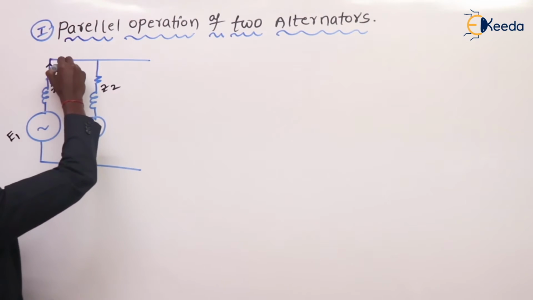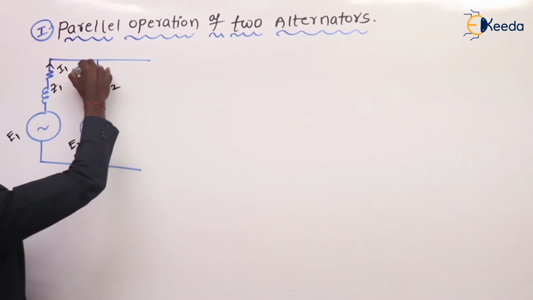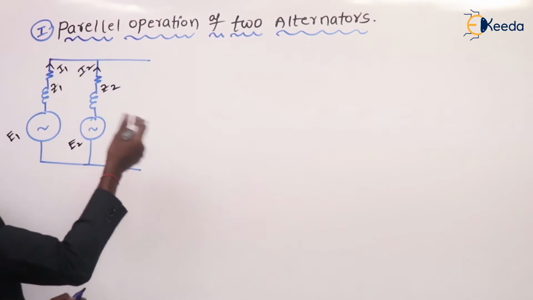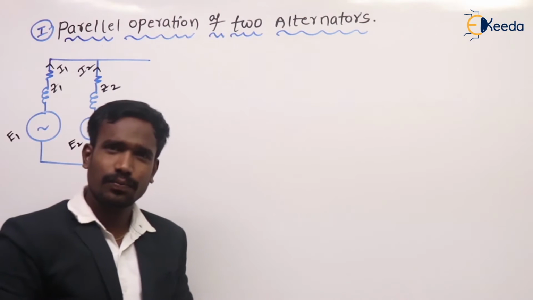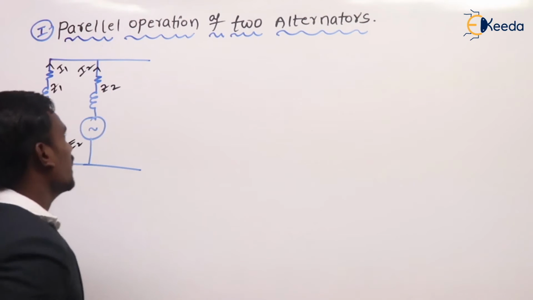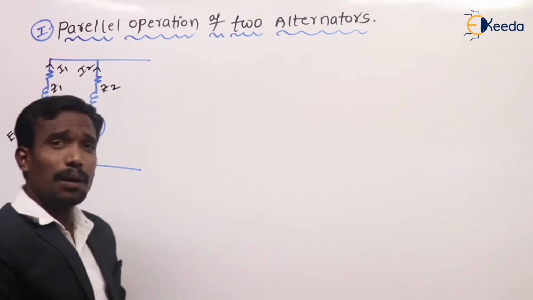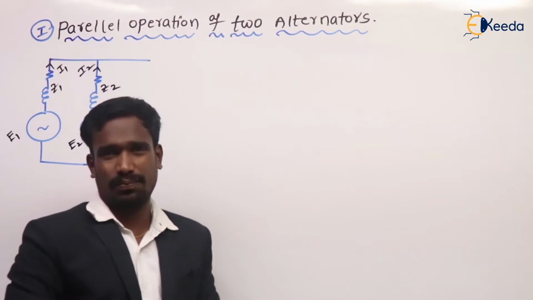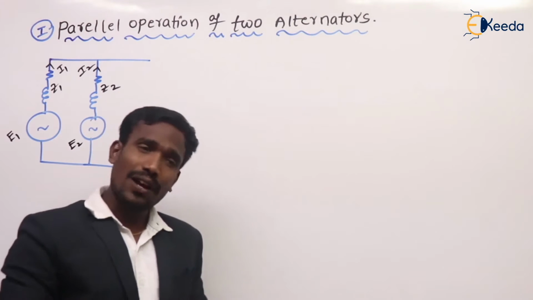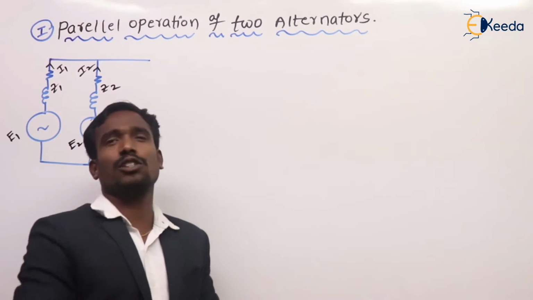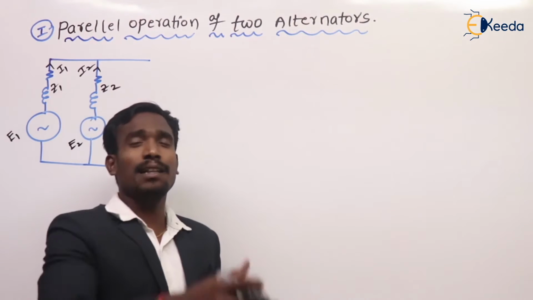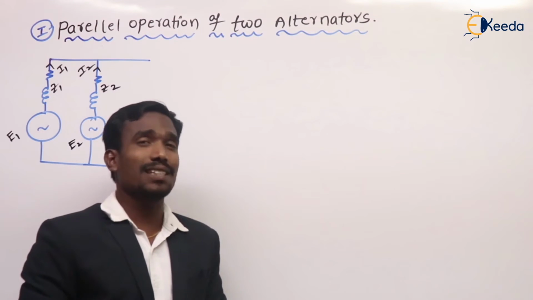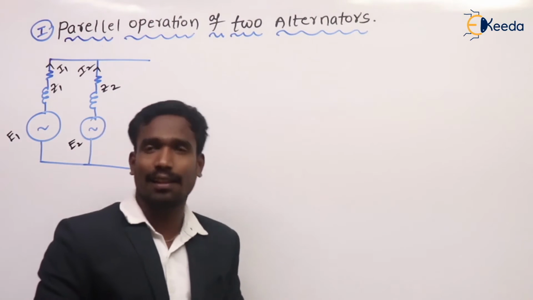If the current is I1 and here the current is I2, these two are operating in parallel. Here the condition for parallel operation is that the terminal voltage should be same. Phase sequence should be same, frequency should be same, and terminal voltage also should be same, then only we can make it in parallel.